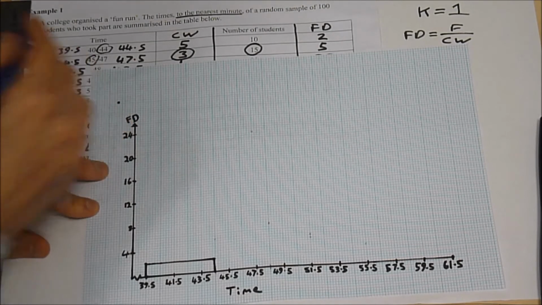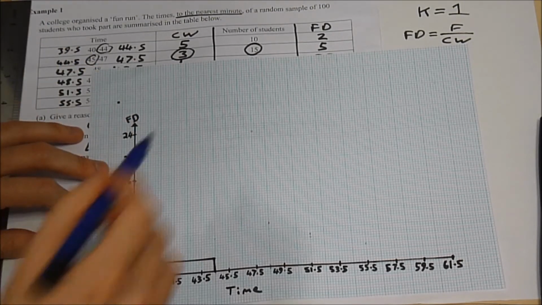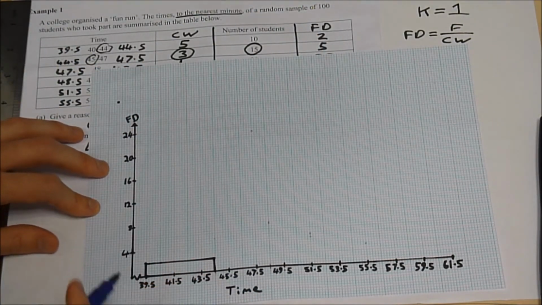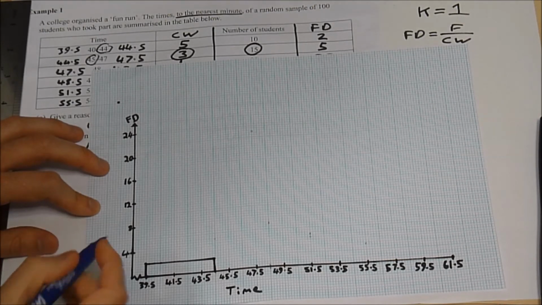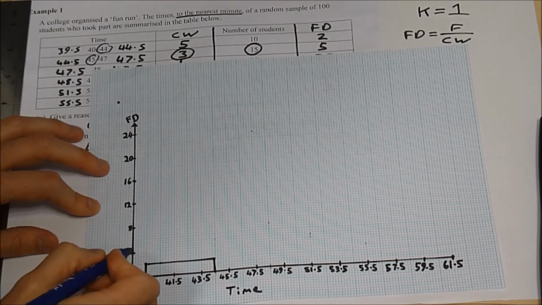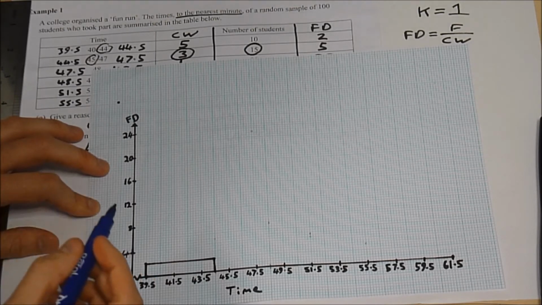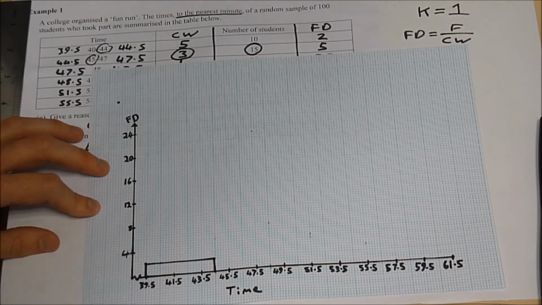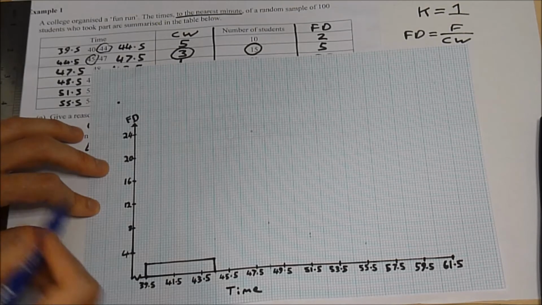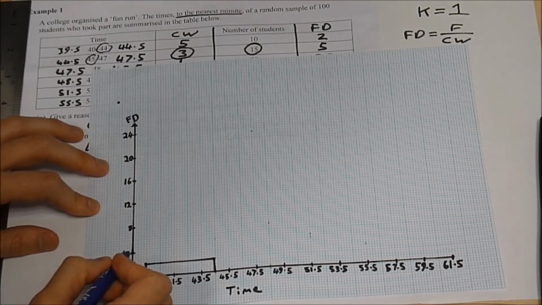Second box is from 44.5 to 47.5 and it has a frequency density of 5. Now that's a little bit tricky. If I know that each medium box is worth 2, I've got 5 teeny tiny boxes in each medium box, so each one of these is worth 0.4.